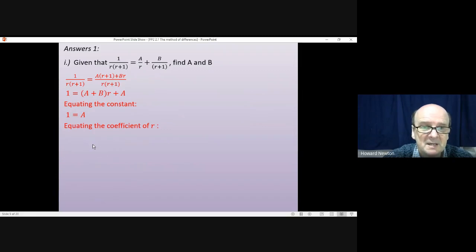On the right-hand side, it's a plus b. We know that a is 1, so that means 0 is equal to 1 plus b, which means that b must equal minus 1. Substituting those values back in gives us 1 over r(r+1) equals 1 over r, and the minus 1 for b gives us a minus here, minus 1 over r+1.